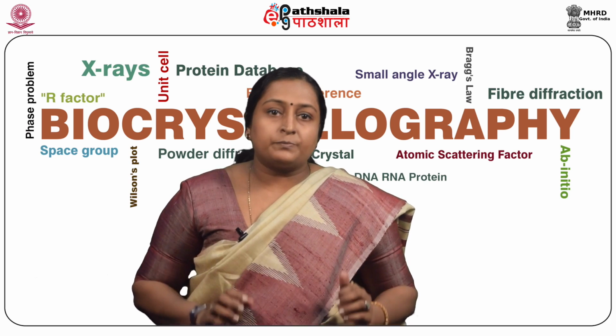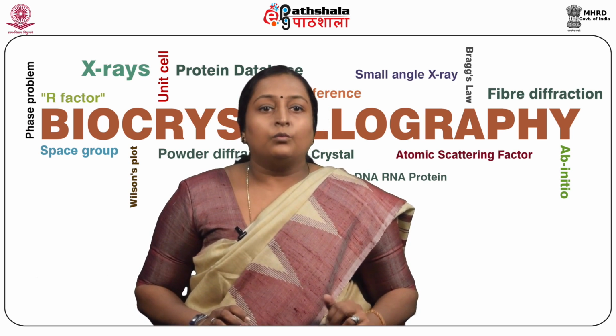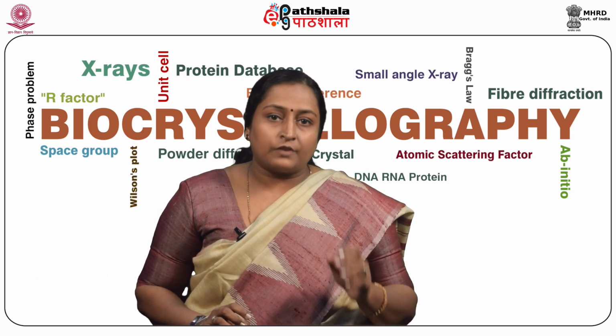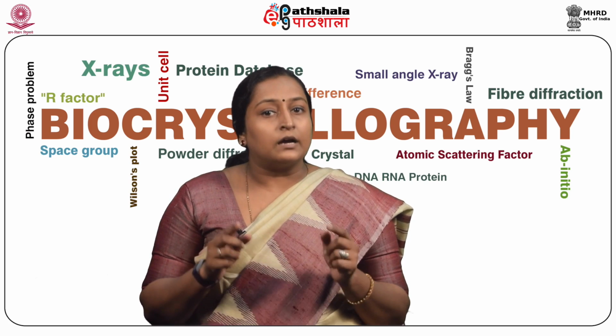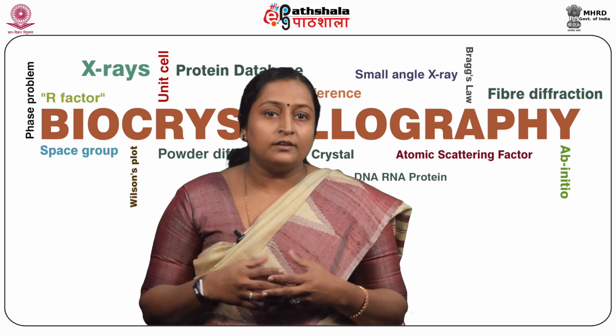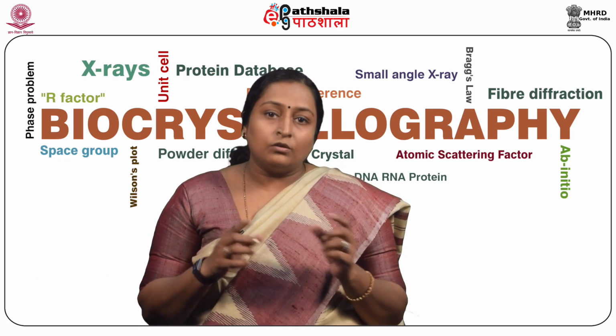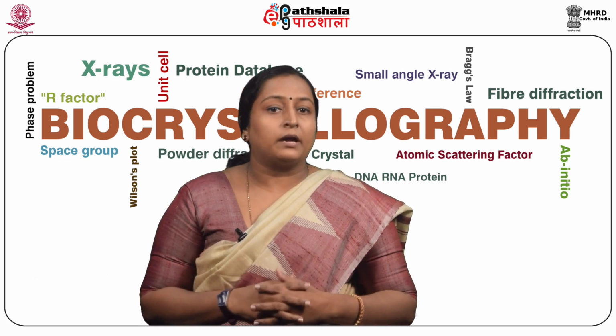In addition to these parameters, a scale factor must also be refined. What one measures from the diffraction experiment is a relative intensity, whereas there is another intensity termed the absolute intensity, which is a theoretical value, and these two intensities are always related by a scale factor.